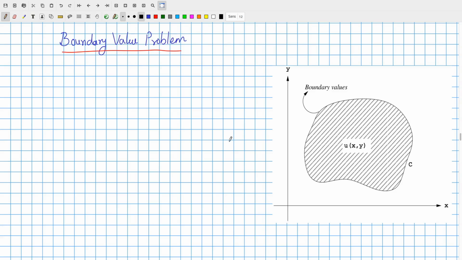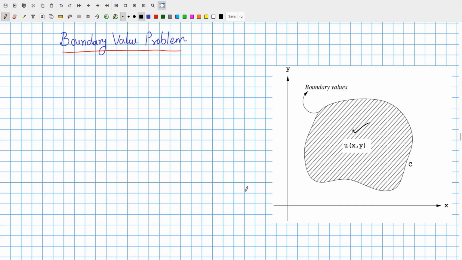If you remember, in the boundary value problem, we have a partial differential equation in the variable u, which is a function of x and y. We provide the value of u on a closed boundary. Along the boundary, the value of u is known, and what we want to know is the value of the function u in the interior of this region.